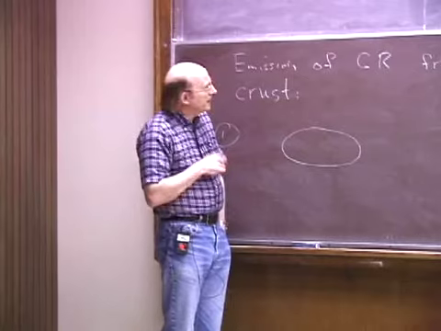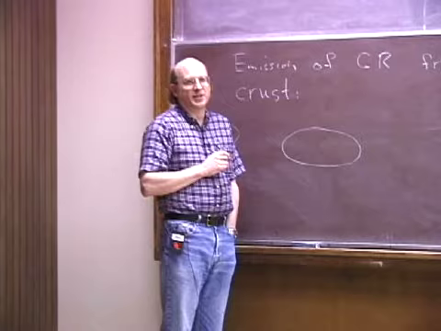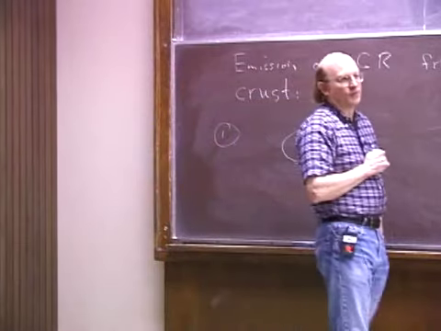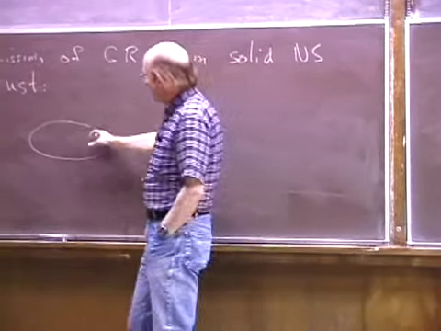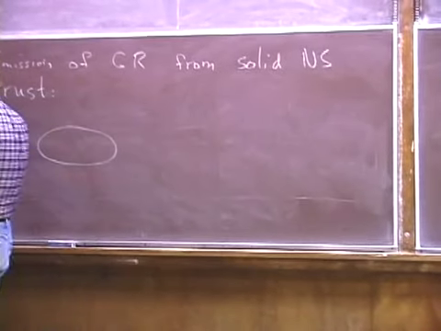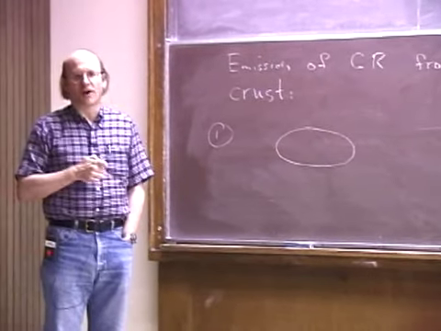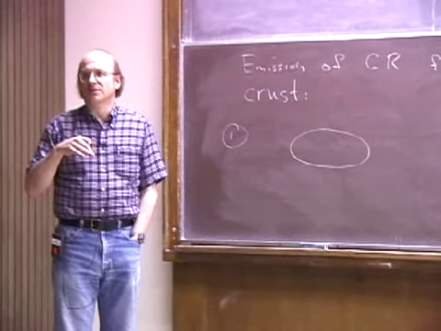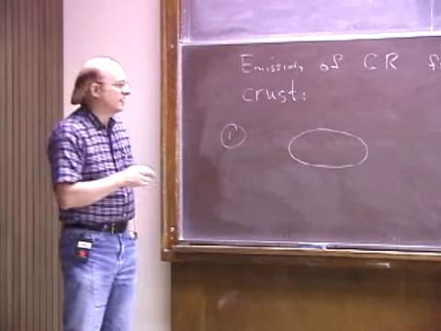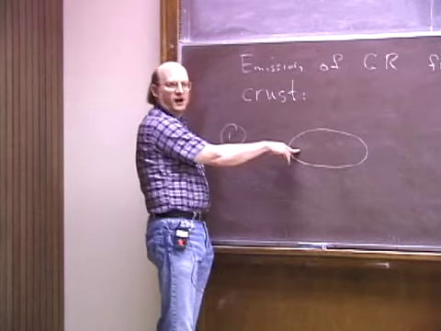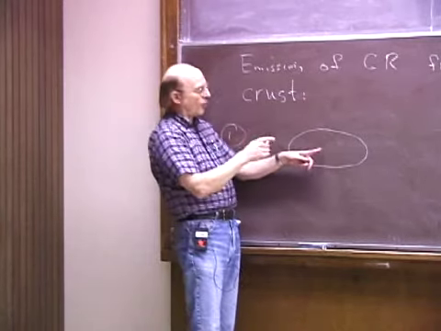Okay? Then you might imagine that something else happens later on in its life in which the angular momentum of the star was changed somehow. For example, you could imagine that this neutron star is in a binary system, and that the companion star at some point becomes large and starts dumping material through its Roche lobe onto the neutron star. So you can imagine that there's another star in orbit around this.